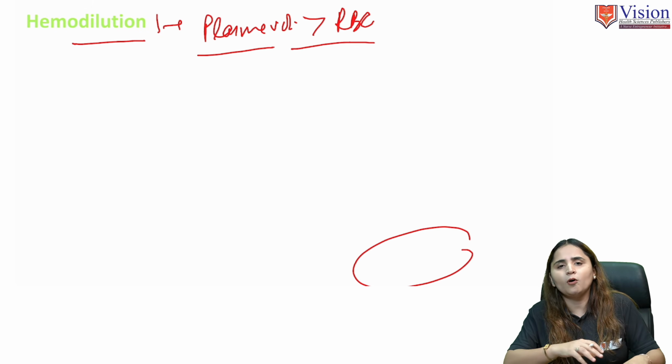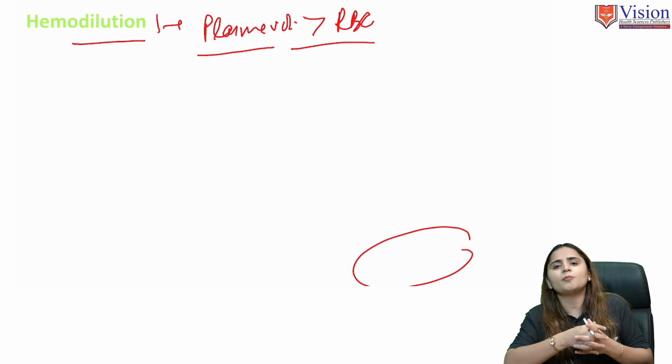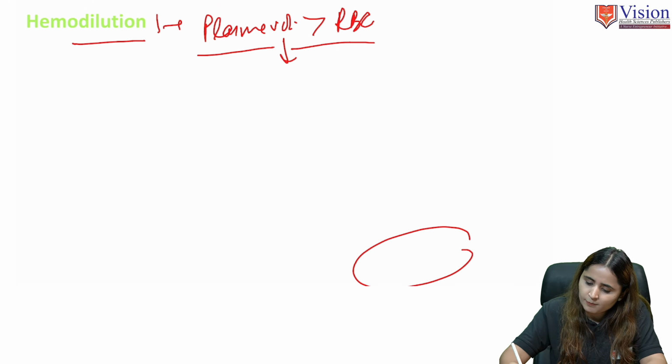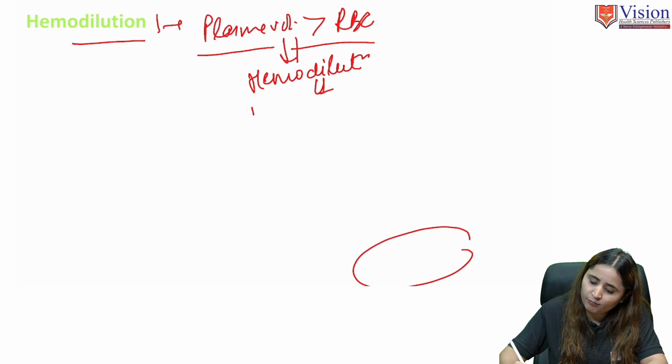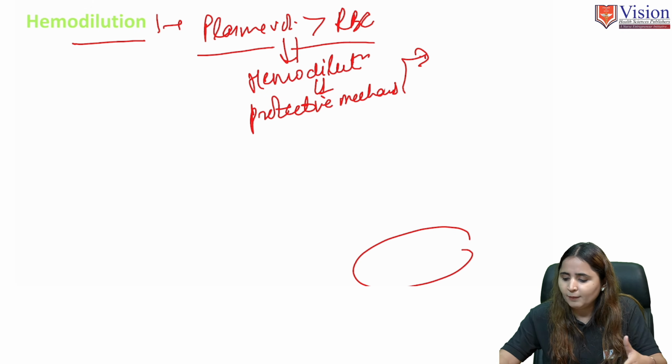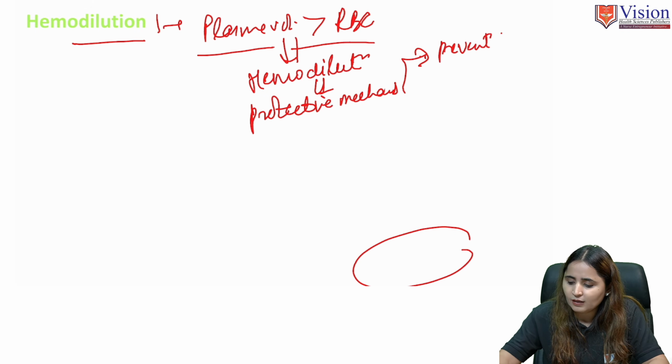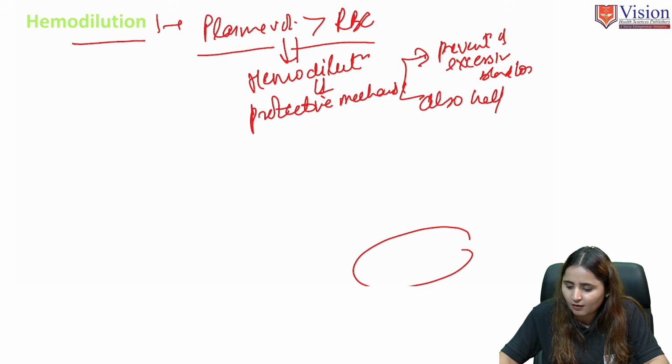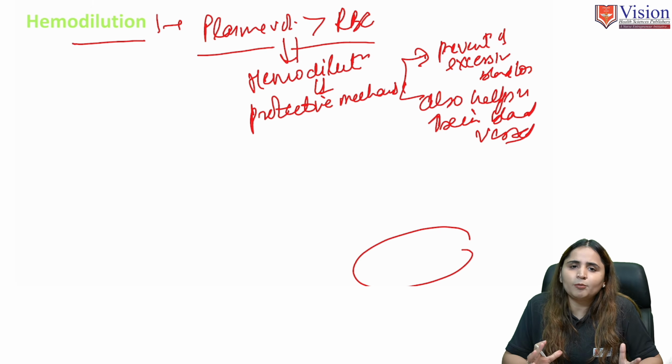So there is more plasma in comparison to the RBCs, which leads to hemodilution. And this hemodilution is a protective mechanism. How? It helps in the prevention of excessive blood loss, and also helps in increasing blood supply.